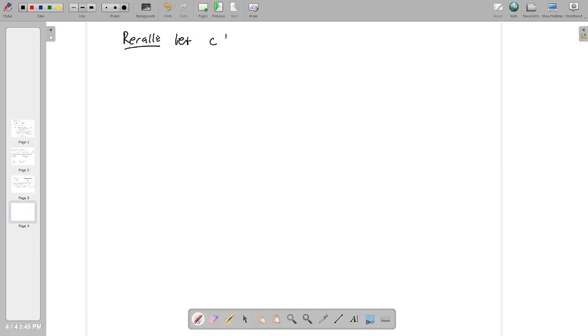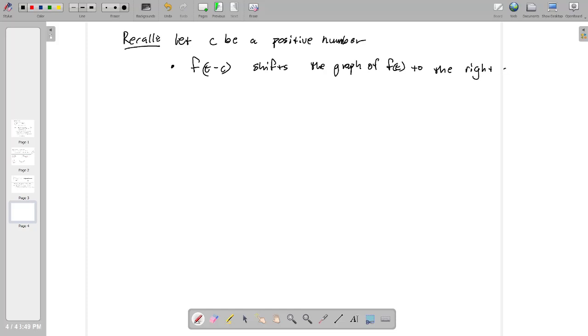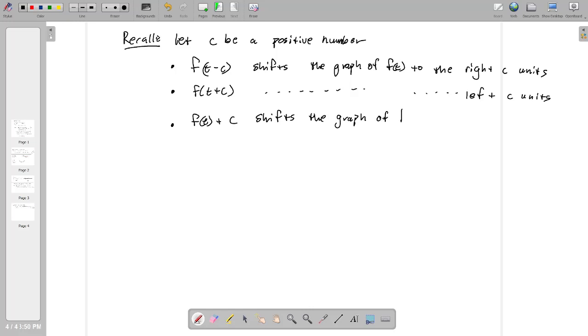Recall, let c be a positive number. f of t minus c shifts the graph of f of t to the right c units. f of t plus c shifts the graph of f of t to the left c units. f of t plus c, applied outside the function, shifts the graph up c units, and f of t minus c shifts the graph down c units.